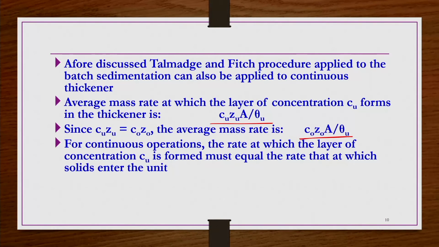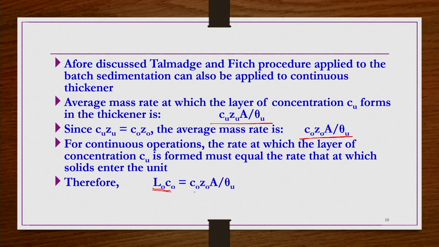Then for continuous operation, the rate at which the layer of concentration Cu is formed must equal the rate at which solids enter the unit, because only then will steady state conditions prevail for a given continuous operation. The rate at which solids enter the unit is nothing but L naught C naught.